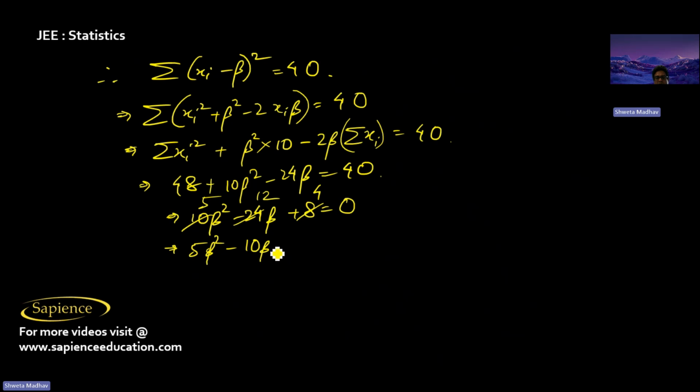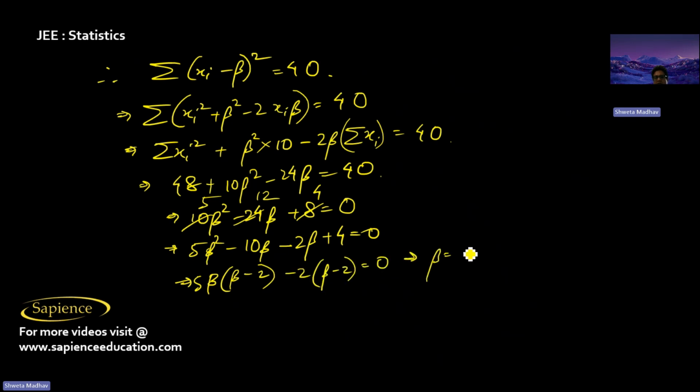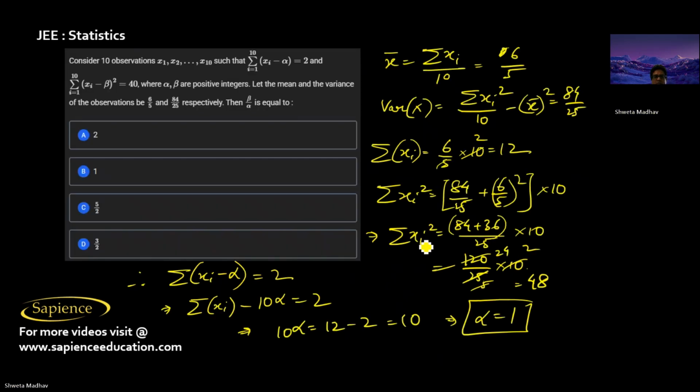So 5 beta square minus 10 beta minus 2 beta plus 4 is equal to 0. So it means 5 beta I can take as common. So beta minus 2 into 5 beta minus 2 is equal to 0. So beta will be equal to either 2 or 2 by 5.